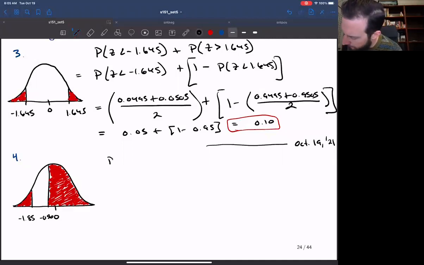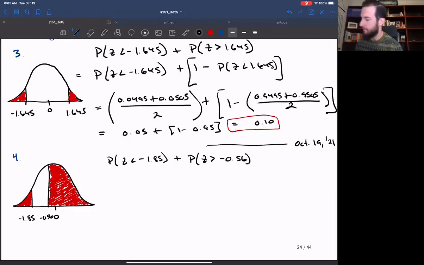So here we have the probability Z is less than negative 1.85 plus the probability that Z is greater than negative 0.56.